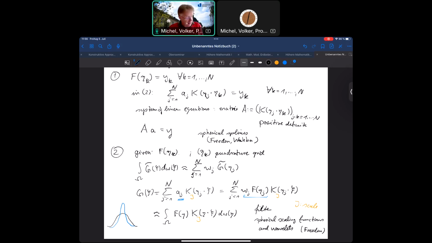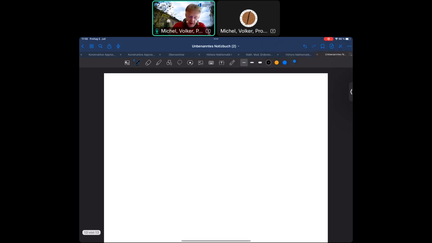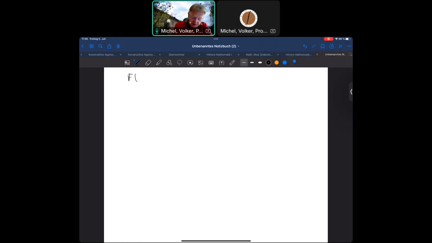Now there's another way of doing that. So again, we have an f of psi, and we want to approximate it by the sum over j equals 1 to capital N of some coefficients, and some k, which again have some parameters. So that's the third version here now. Some parameters and some eta_j times psi.